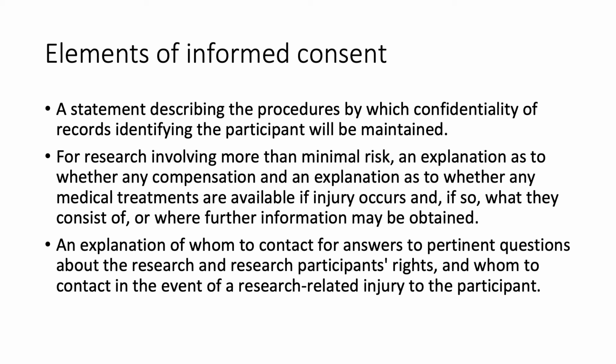Another element is an explanation of whom to contact for answers to pertinent questions about the research and research participants' rights, and whom to contact in the event of a research-related injury to the participant. This is a portion of the informed consent. You usually give them a copy of the informed consent.